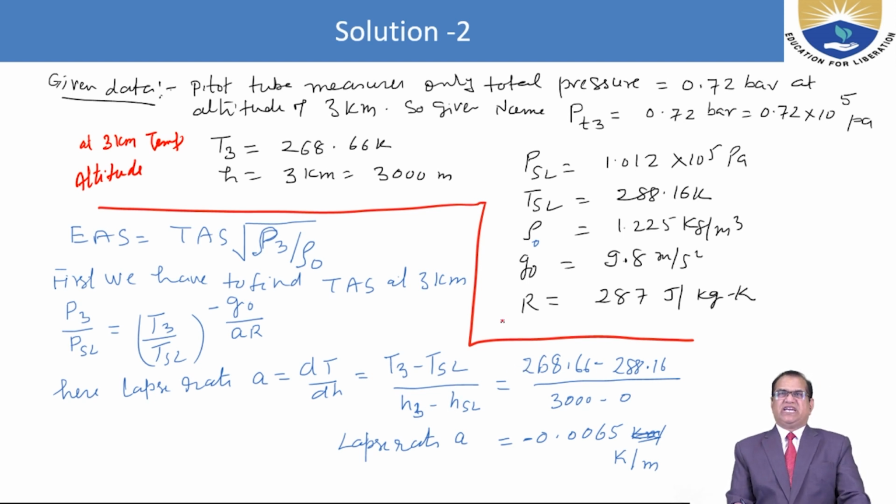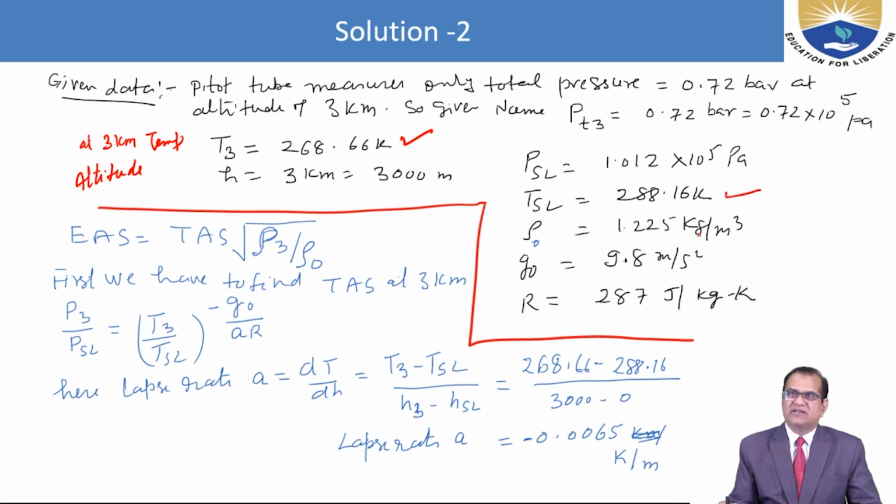T3 is 268.66, as mentioned here, minus 288.16, which is given here at sea level. So 268.66 minus 288.16 divided by 3000 minus 0.